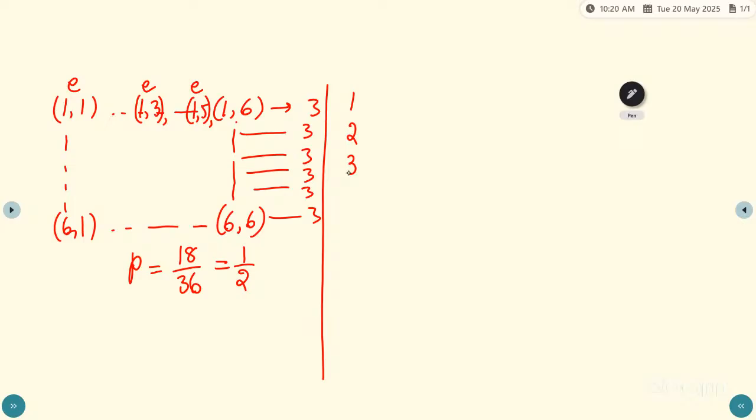Then what is the probability? Write down. What is the probability that the sum of scores is at least 6?